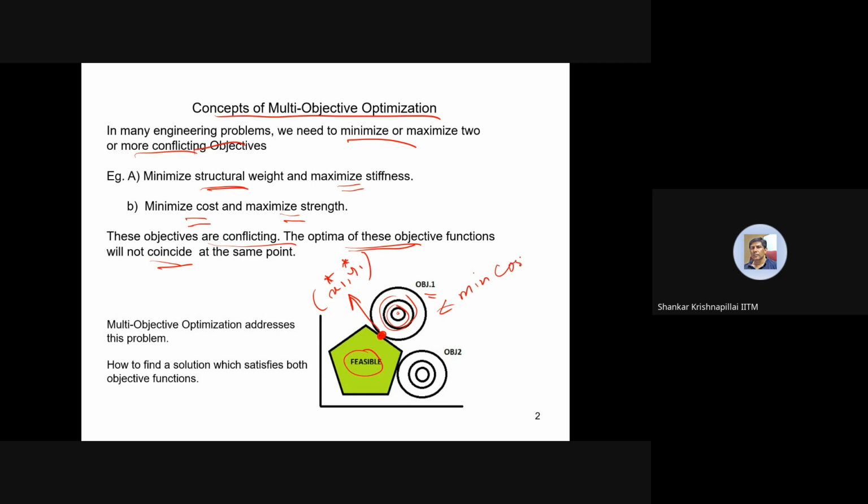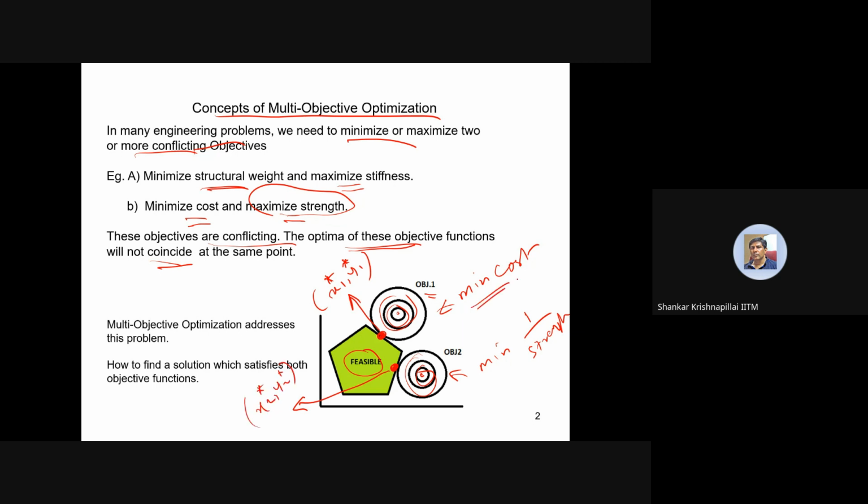And next, I want to maximize strength, which means minimize 1 by strength. So another objective function is to minimize 1 by strength. That optimum occurs in a totally different location, that is x2*, y2*.